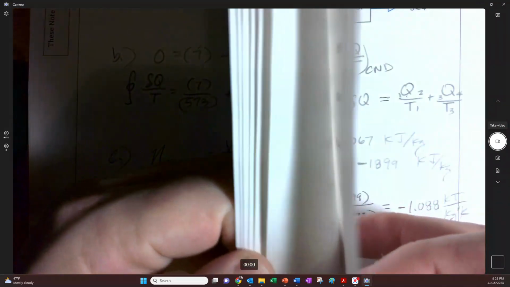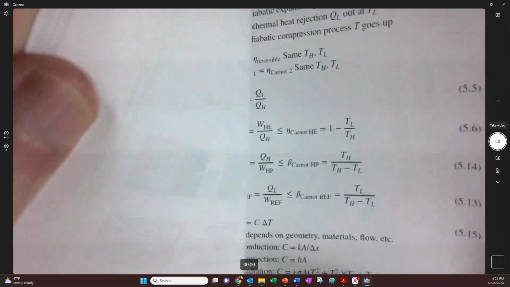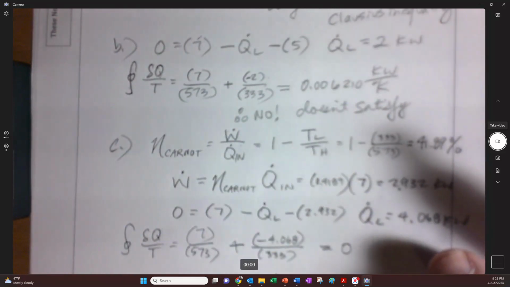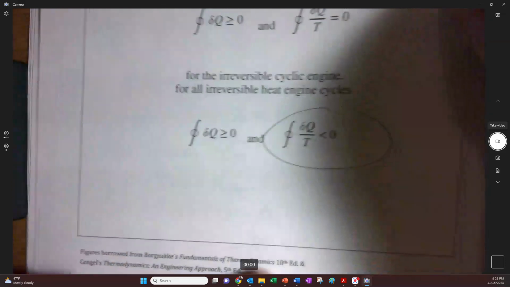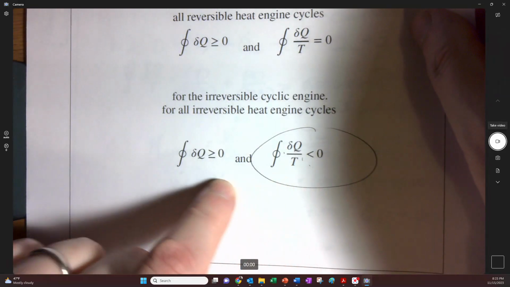the Clausius statement, I keep saying it must be negative, but the Clausius statement can in fact include equal to. I've lost that piece of paper. Oh, here it is. It says it must be less than.